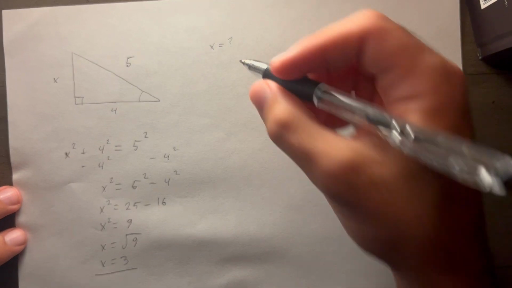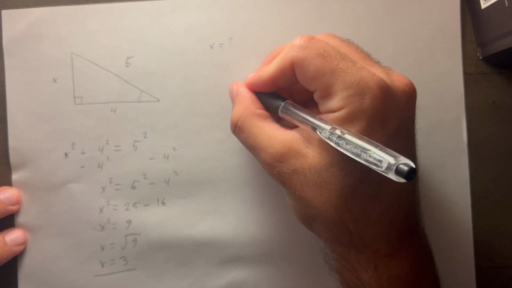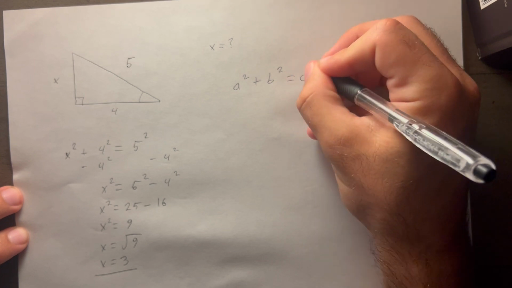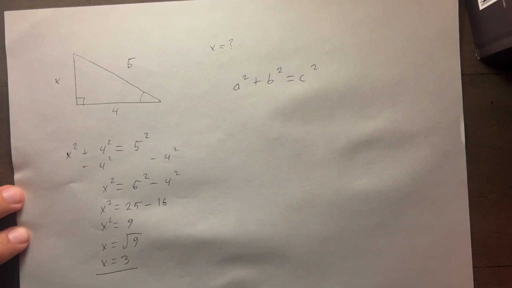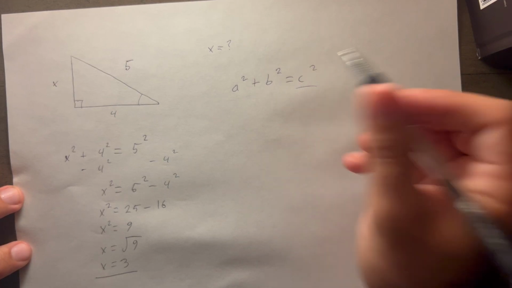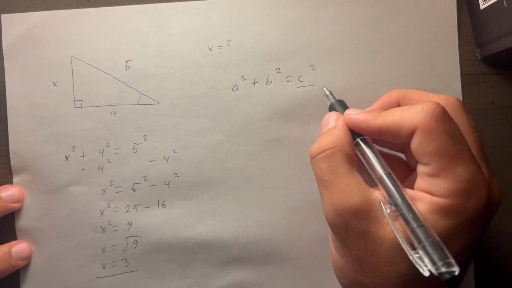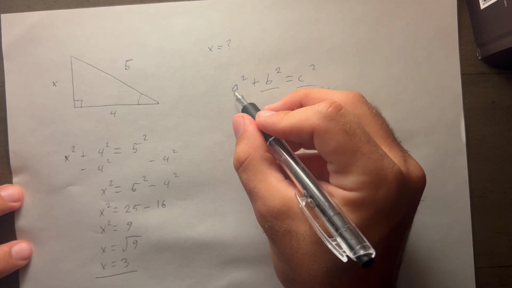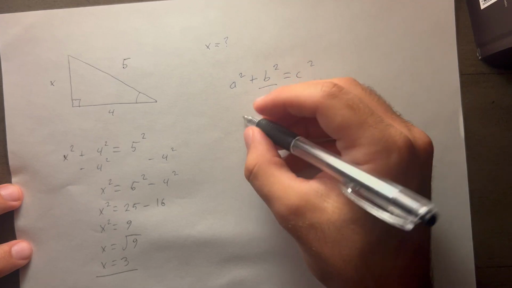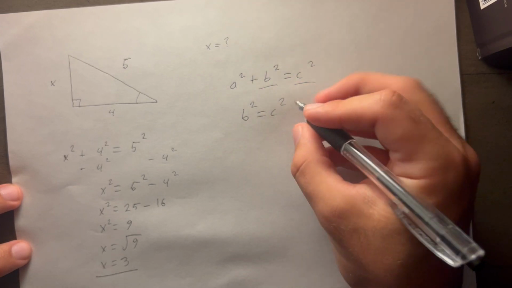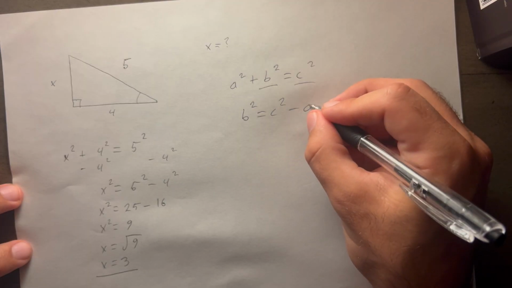The formula, this a squared plus b squared equals c squared, we can rearrange this a lot, because if we are looking for c squared, or if we're looking for c, we'll just leave it like this. But what happens if we're looking for b? Then we can just rearrange by subtracting a squared to the other side. So now we have a formula that finds b squared. Do you see?